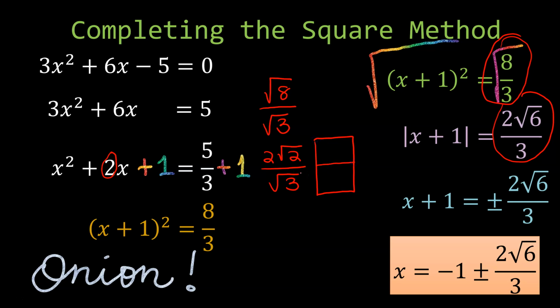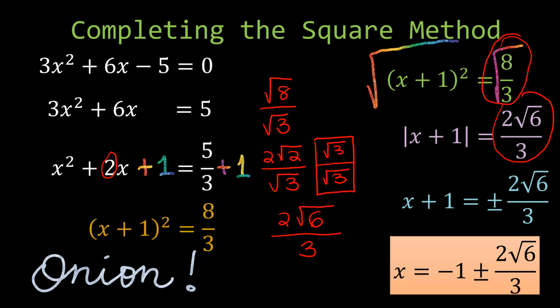Rationalizing means to get an equivalent fraction, so multiply by 1, meaning multiply the top by square root of 3 and the denominator by square root of 3. In a sense, you are multiplying by 1. So now the denominator has square root of 3 squared, which is 3. On the numerator, 2 on the outside stays. Square root of 2 times square root of 3 is square root of 6. And that is how we got that answer.